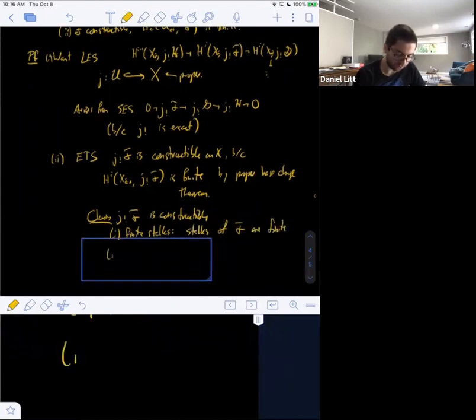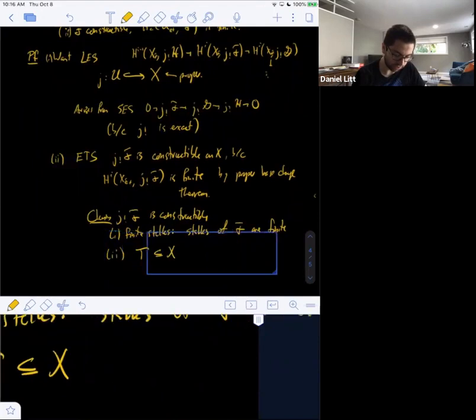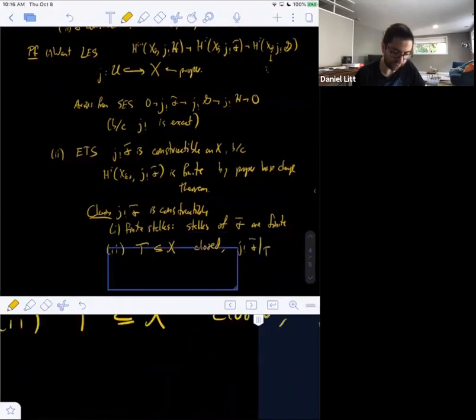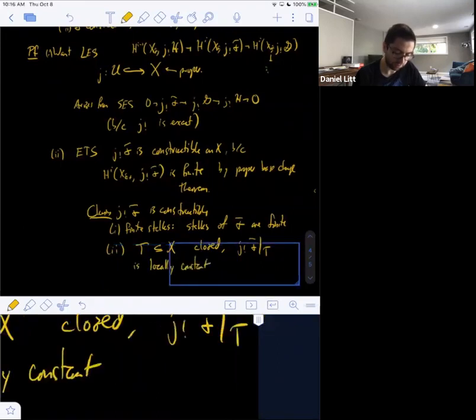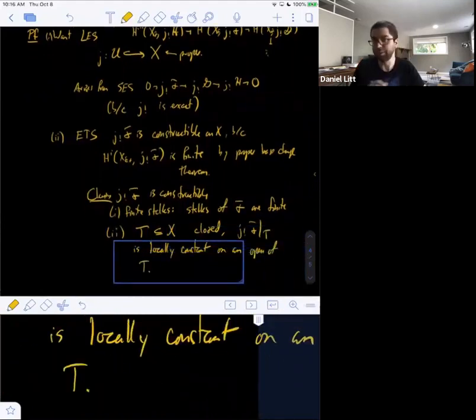So now we want to check that given T inside of X closed, j_!F restricted to T is locally constant on an open of T. So can anyone explain to me why that's true?